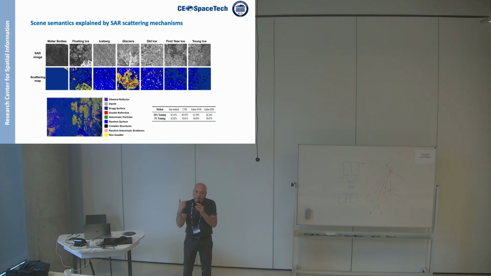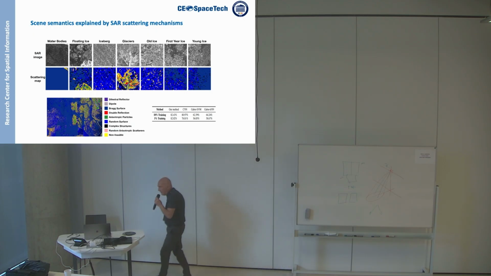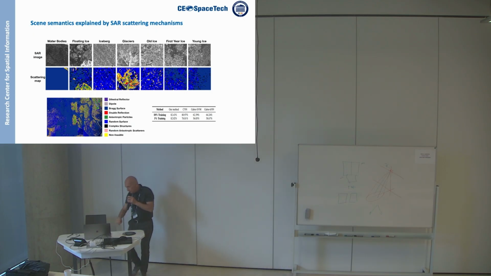And for each of the classes, we have an explanation: what kind of scattering was responsible, was the cause for this classification. And we have the double bounce, Bragg, and so on. So we have a physical layer which is explaining the training, the result of the data.